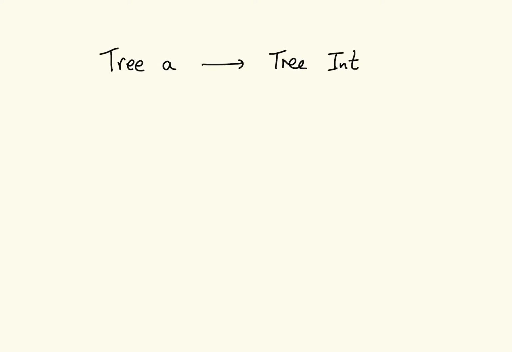And the integers will be the unique or fresh labels in the tree. Of course, if we're doing this in a pure functional language such as Haskell, we can't have some kind of global variable which is the next fresh integer. What we actually need to do is pass that in. So actually, we can't write a function of this type directly. We'd need to write a function with a slightly more complicated type. We take a tree of A's as input.